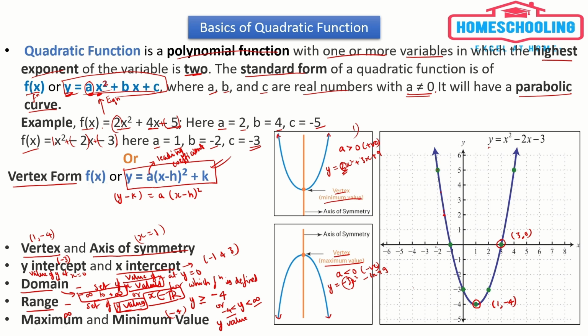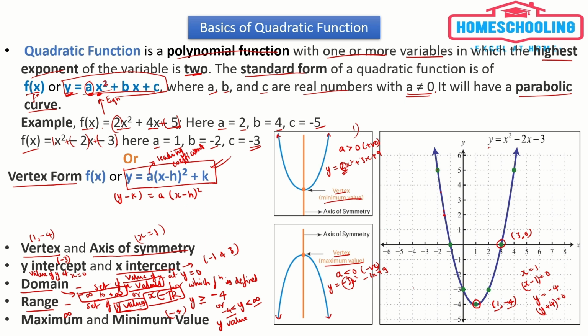It is the vertex form, so we'll use the coordinates of the vertex. Here x is equal to 1, so if we take 1 to the other side, x minus 1 is equal to 0. Similarly, y is equal to negative 4, so it can also be written as y plus 4 is equal to 0.